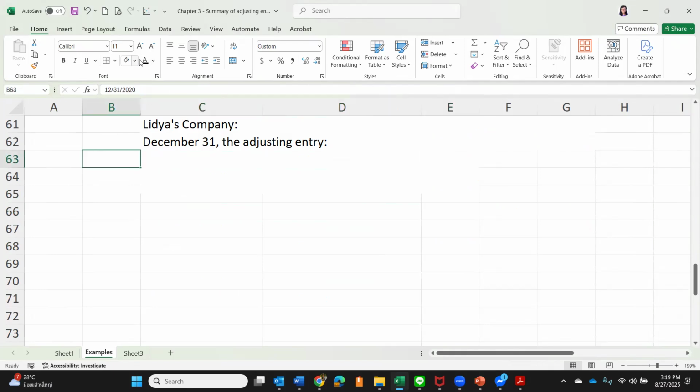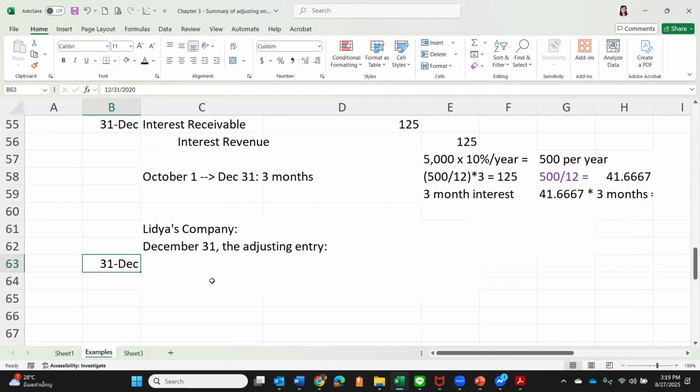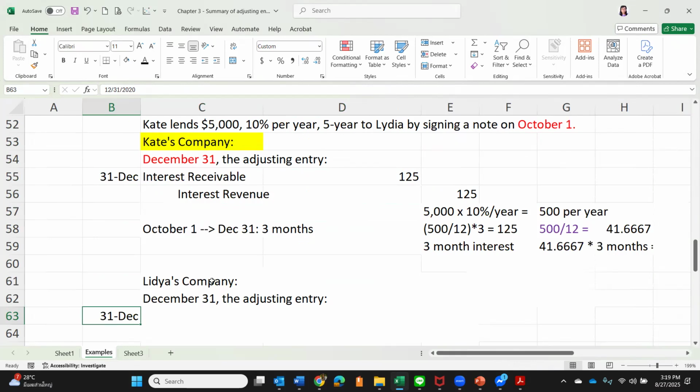What will Lydia company record as the adjusting entry on December 31? Remember, Lydia borrowed money from Kate, right? So on December 31, Lydia also should recognize an interest expense for 3 months, 125, and she has not paid the money yet. She still owes the money to Kate company.